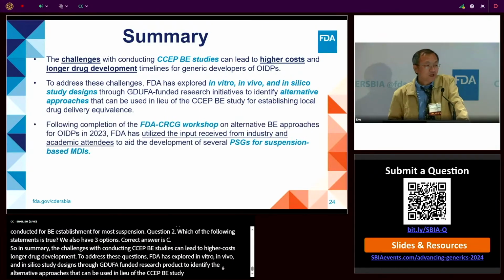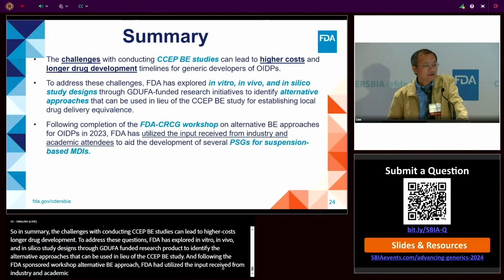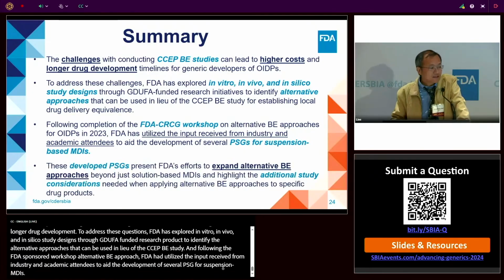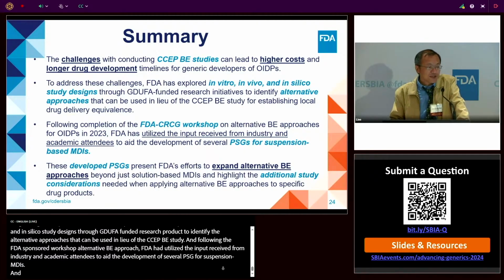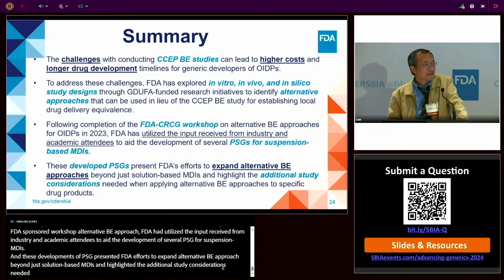And following the FDA-sponsored workshop on alternative BE approach, FDA has utilized the input received from industry and academic attendees to aid the development of several PSGs for suspension-based MDIs. And this development of the PSGs presents FDA's efforts to expand alternative BE approaches beyond just the solution-based MDIs, and highlights the additional study considerations needed to apply to the suspension-based MDIs and also DPIs.